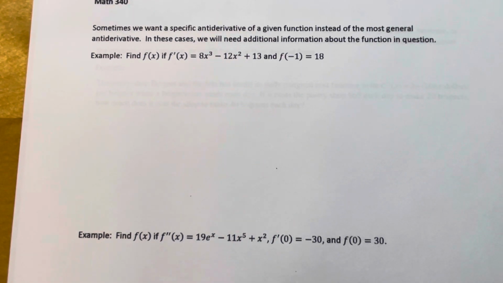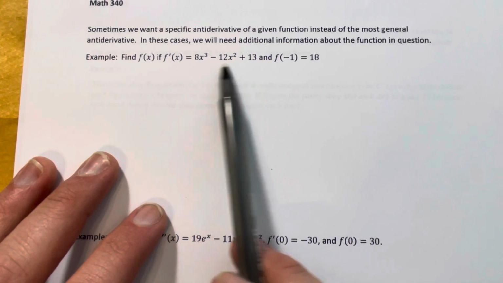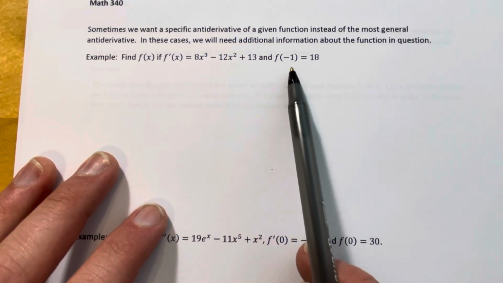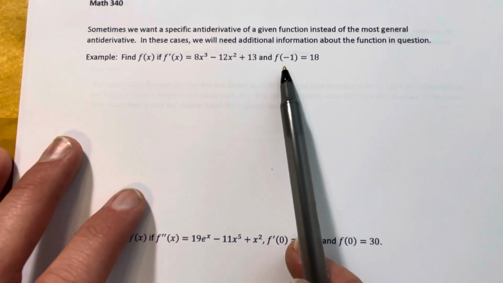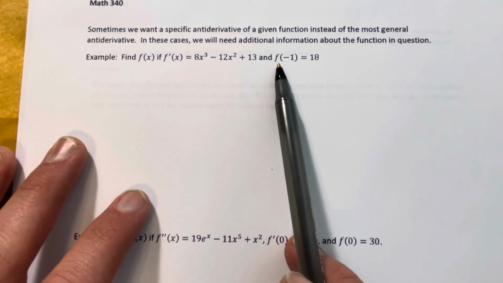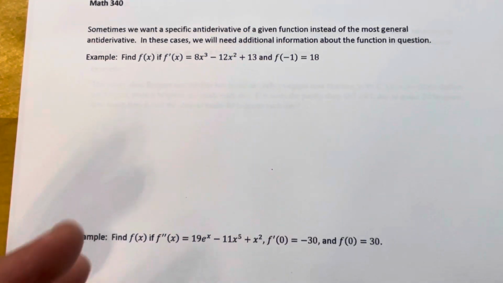Because in a lot of cases, even though we have infinitely many antiderivatives to choose from, we might want to narrow it down to just one that describes the situation that we're talking about. So in order to do that, you need more than just the function whose antiderivative you're looking for. You need additional information about that function, which will usually come in the form of f of some value equals some other value, which is given to you.